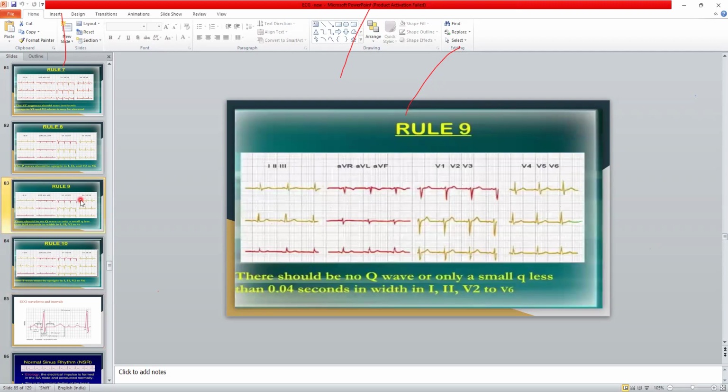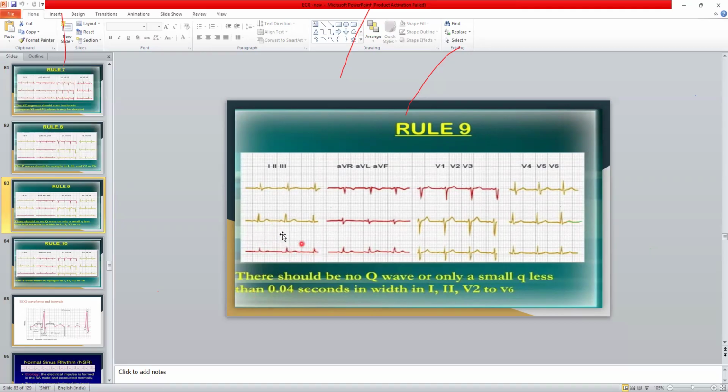See, in rule 9, normally in the ECG there won't be any Q waves, or only very small Q waves. Here you can't see any in lead 1. In lead 1 and lead 2 you can see a very small one, that is less than 0.04 seconds.